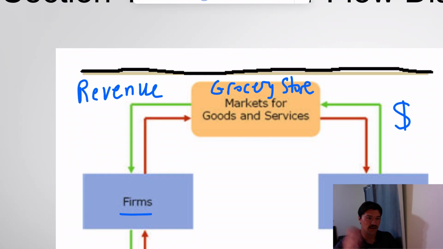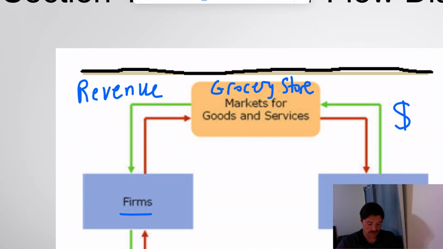Revenue is just like, hey, I made 20 T-shirts and I sold them for $10, so that's $200 total in terms of revenue. Now, if you were looking at profits, right? Obviously, the T-shirts weren't free, so you had to pay the money to make the T-shirts, and then whatever's left over, that is how much money you get. So revenue is just the money you get from actually selling the product.